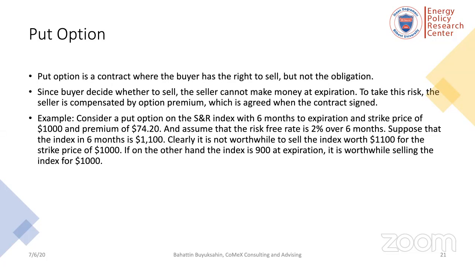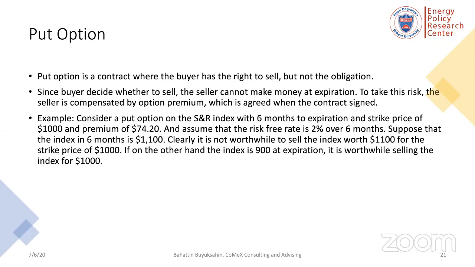If we suppose that the index in 6 months is 1100, clearly it's not worthwhile to sell the index worth 1100 for the strike price of 1000, because in this case, the put option buyer is better off selling his share in the marketplace for a price of $1,100 rather than 1000.